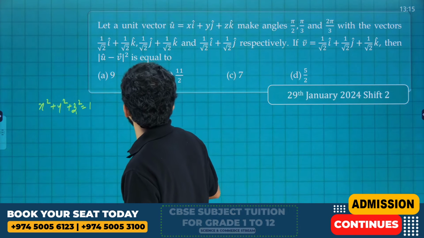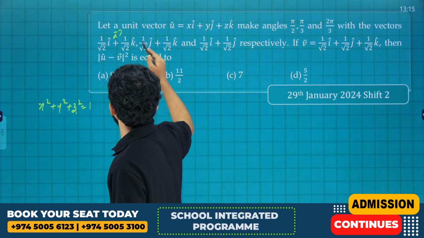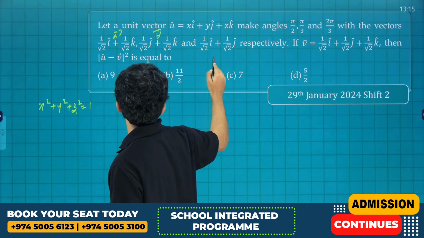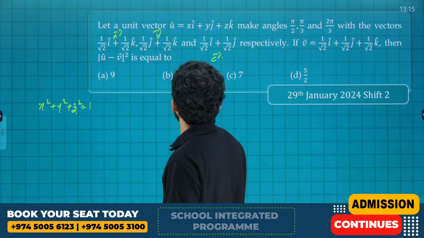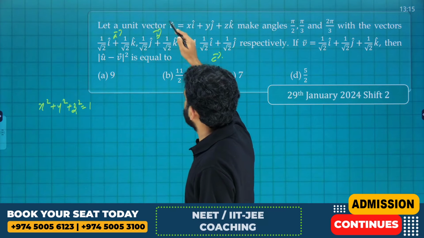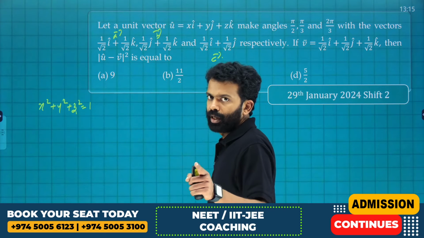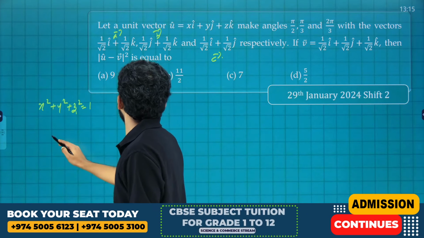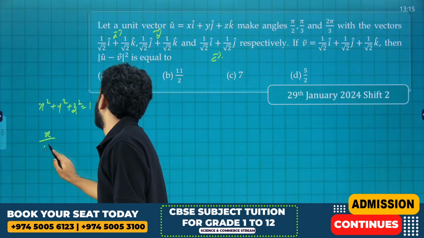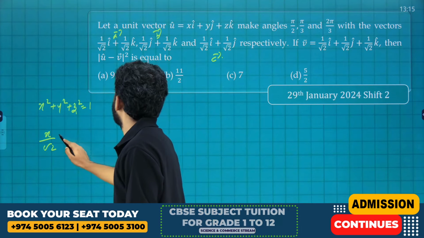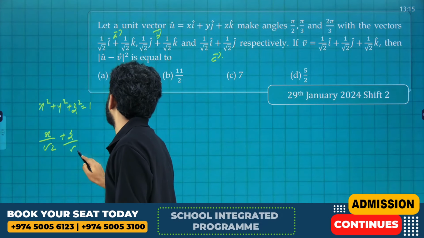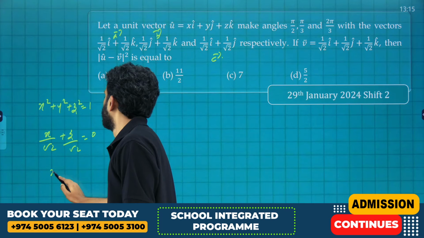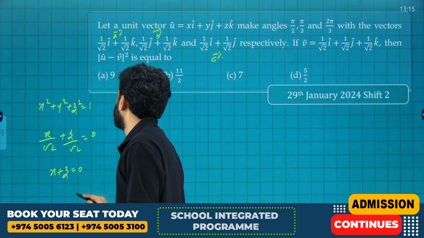Let's name these vectors: vector A, vector B and vector C. The angle made by vector u with vector A is pi by 2, therefore their dot product will be 0. That is x by root 2 plus z by root 2 is equal to 0, that is x plus z is equal to 0.